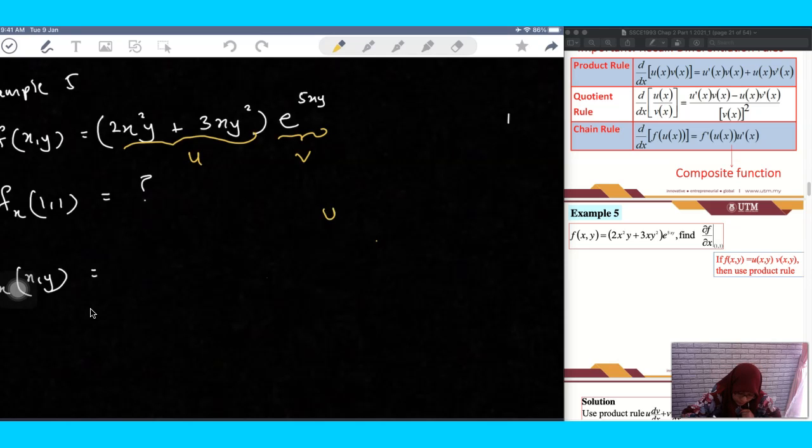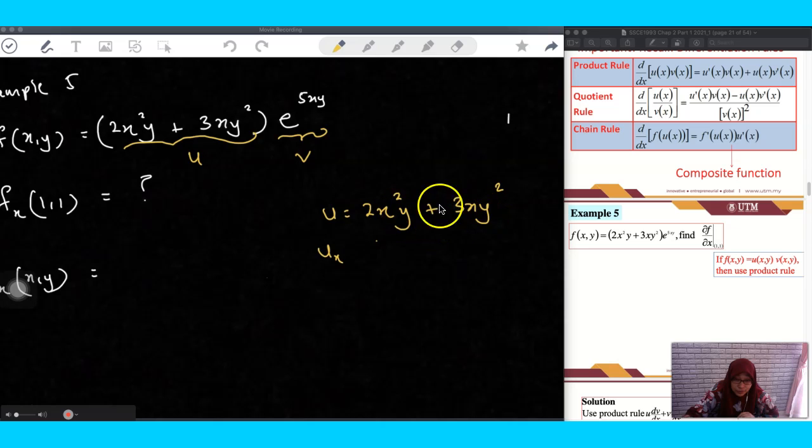So u is 2x squared y plus 3xy squared. Since you want to differentiate with respect to x only, you have to find ux, meaning you differentiate u over x. We got two terms here, and y is constant.